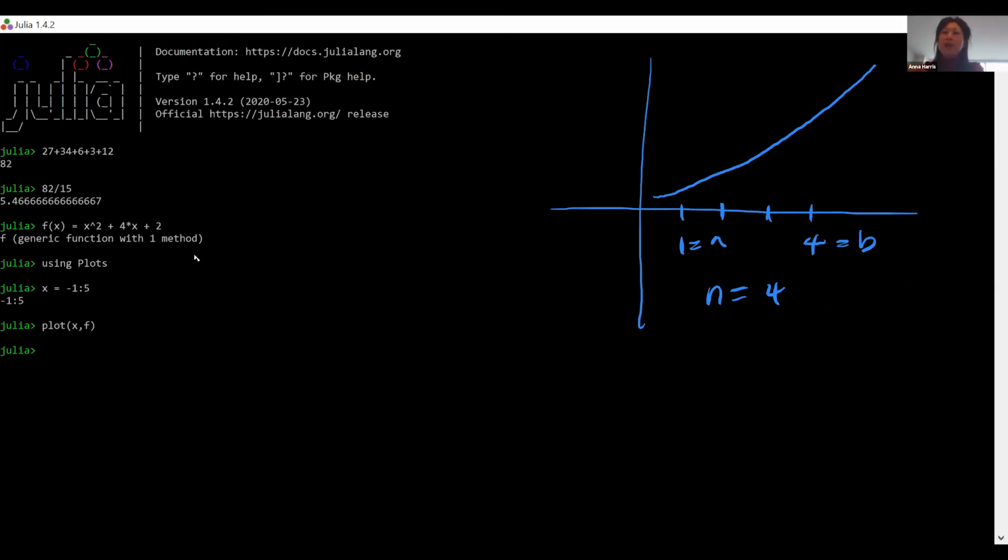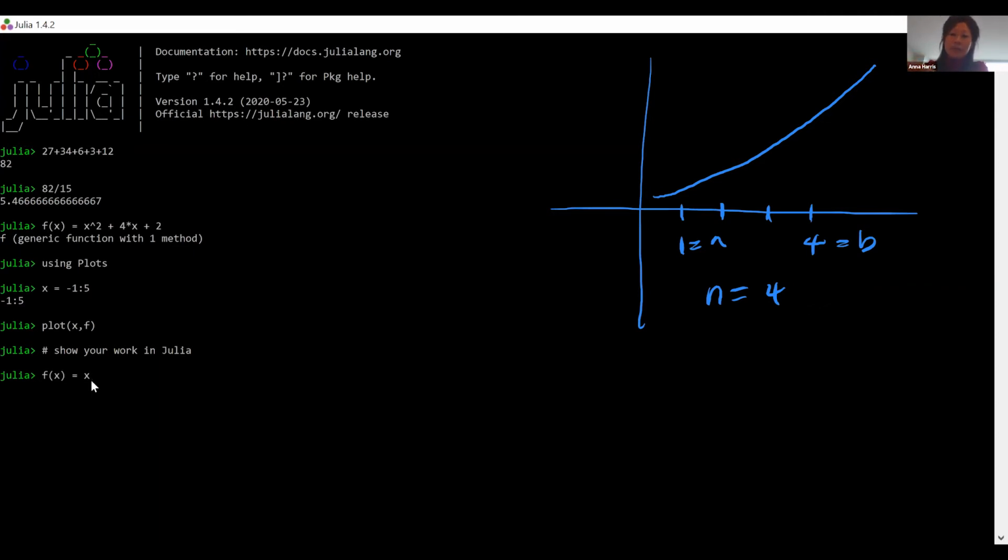So we already have our function here. The thing you have to do is start by writing down the function name. I'm showing my work in Julia. So f of x, what is the function that's given to me?